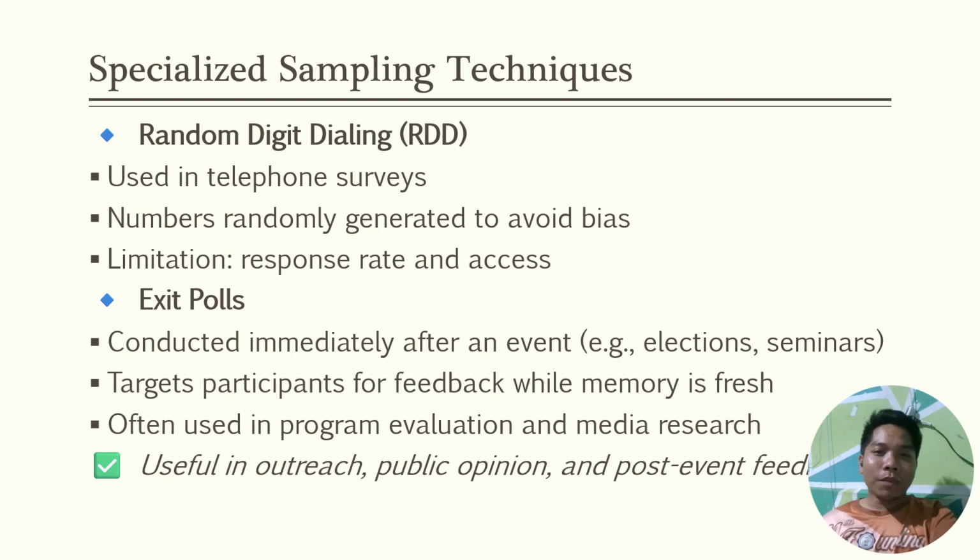In this case, phone numbers are generated at random to avoid sampling bias and reach unlisted numbers. Meaning there is no list of numbers, just random dialing, and whatever data you can get from the other end of those phone numbers. So that's random digit dialing.